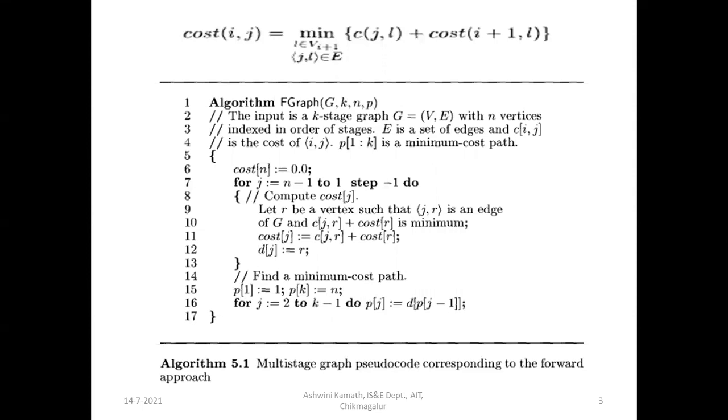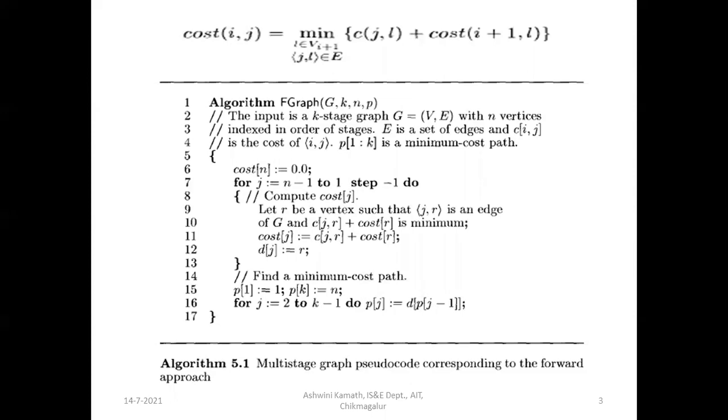E is a set of edges, and C of i, j is the cost of the edge (i, j), or the weight of the edge (i, j). Then P of 1 to k is the minimum cost path.